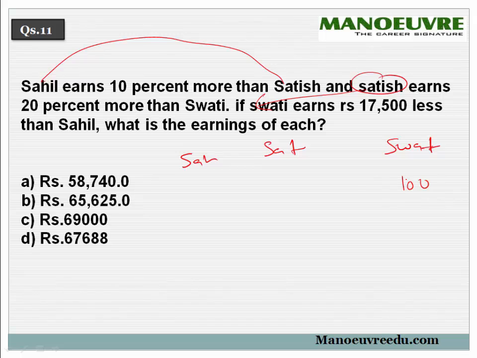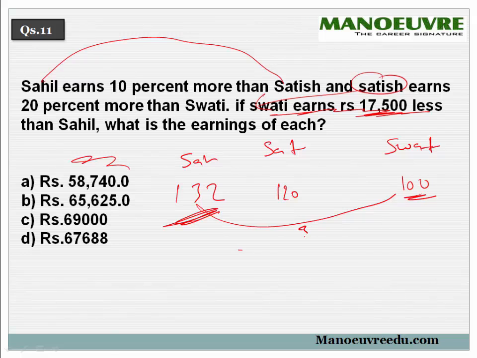Satish earns 20% more than Swati, so Satish has to be 120, and Sahil earns 10% more than Satish. 10% of this is 12, so this is nothing but 132. Now the question is, Swati earns 17,500 less than Sahil. Sahil is 132 and Swati is 100, so the difference between these two is 32 according to us, but according to the question it is 17,500. What is the earning of each?